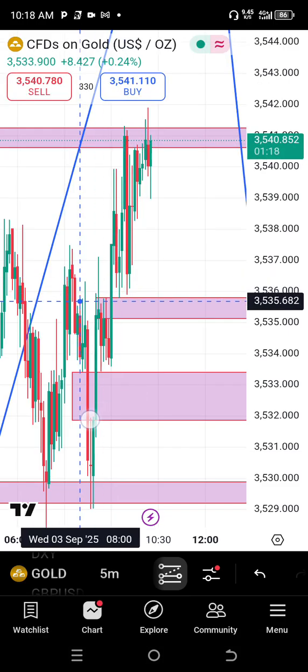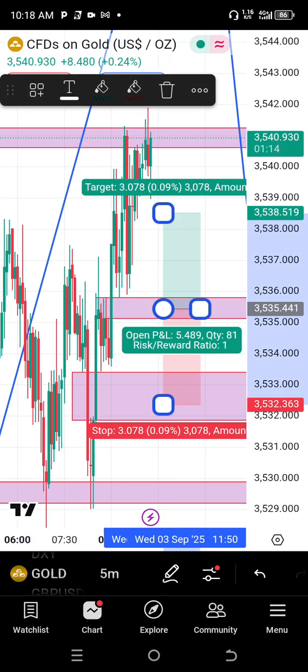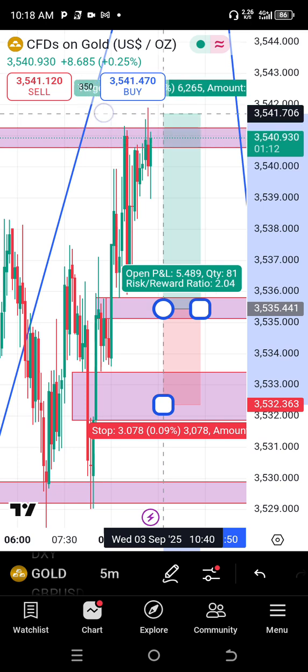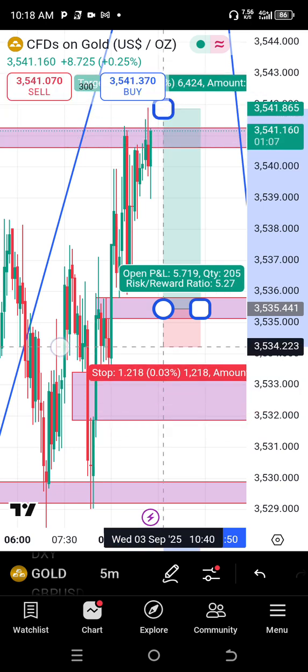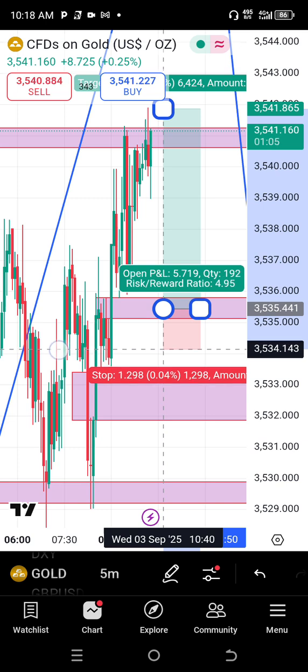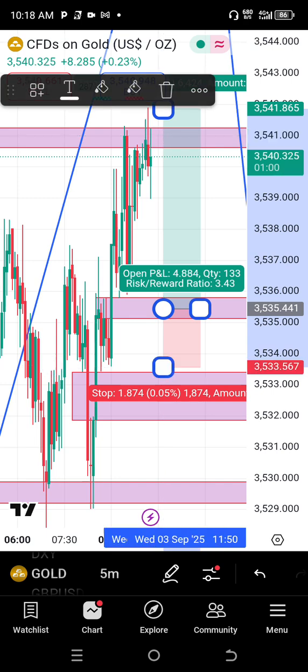So if the market comes to this place, I would like to enter and then take out my profit from this highest high, then put my stop loss in this area. That's like 20 pips down. Yeah, this is okay.